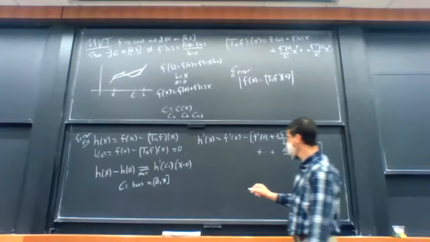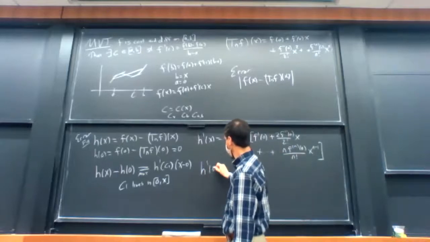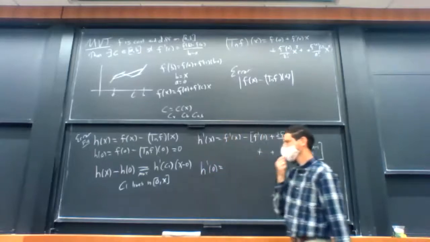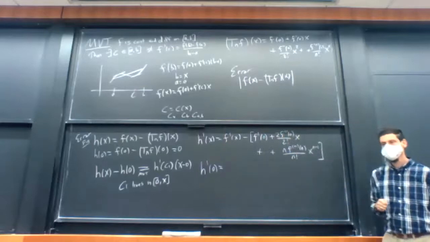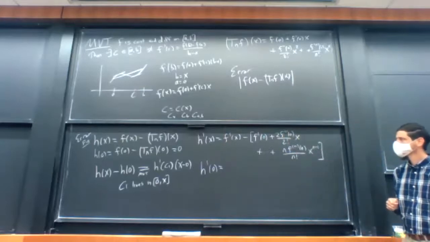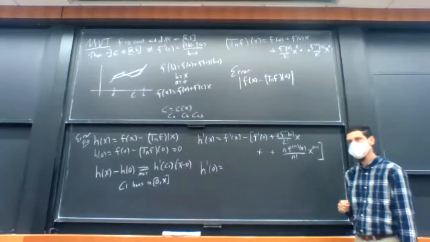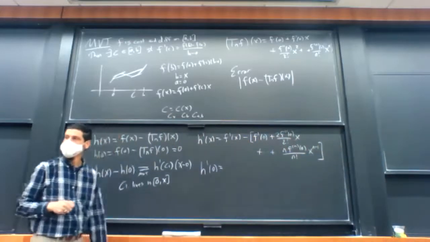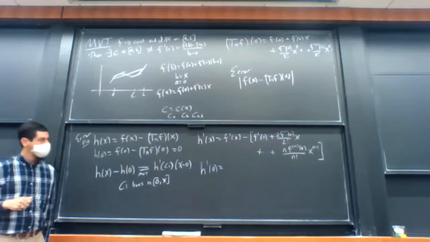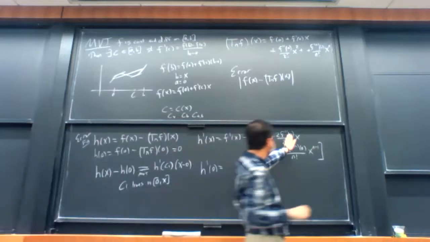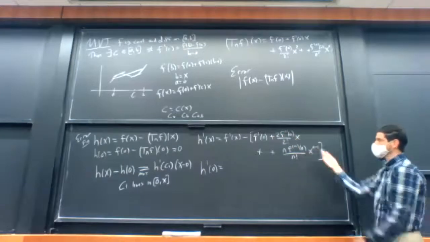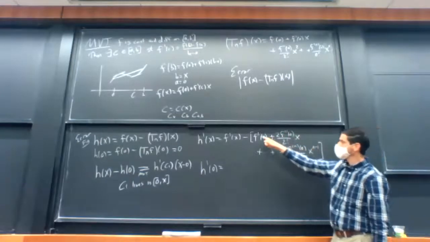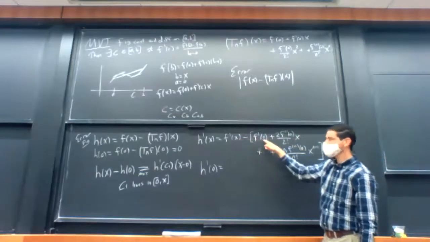What's h prime of 0? So what would you get when you put in 0? 0. Everything from f double prime onward vanishes because it still has an x. And you'll just get f prime of 0 minus f prime of 0.